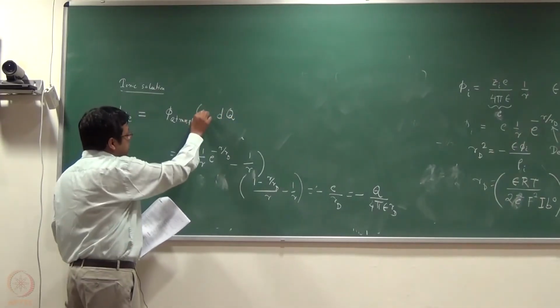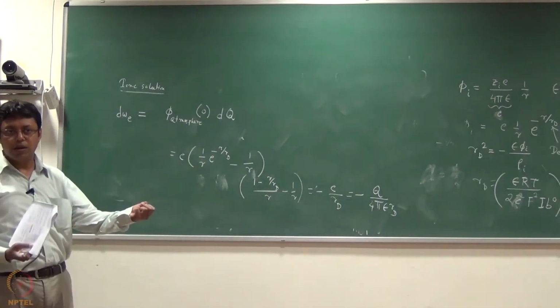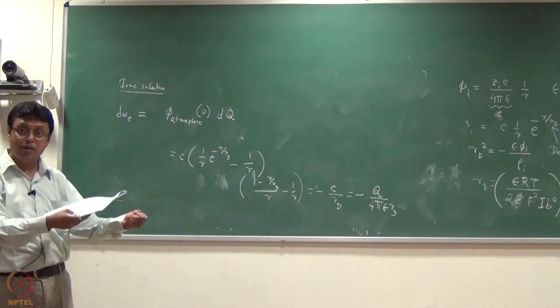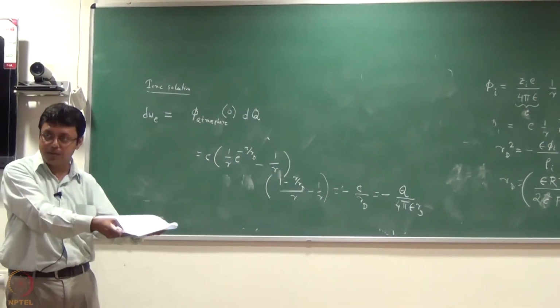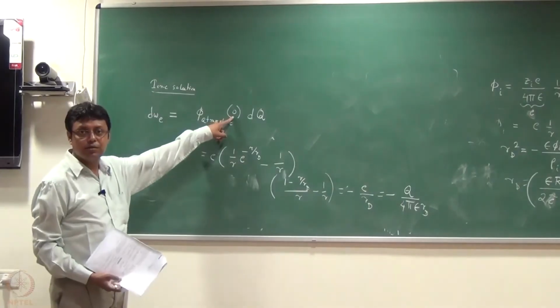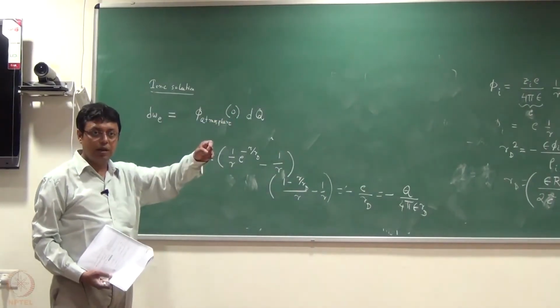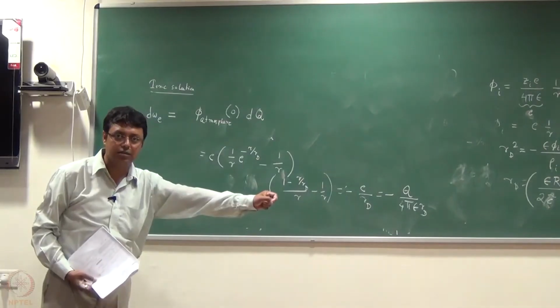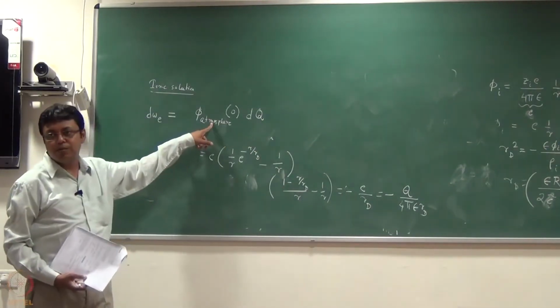So I had basically an effective potential, which is the difference between the potential created by the ion and the atmosphere, and that potential we calculated at the origin, which is my center. Now what I am saying is that the work done, if I add a little bit of charge to that effective potential, will be basically charge multiplied by the potential.